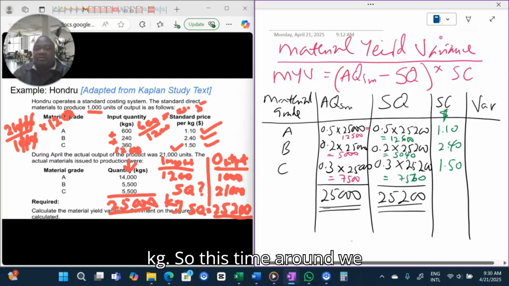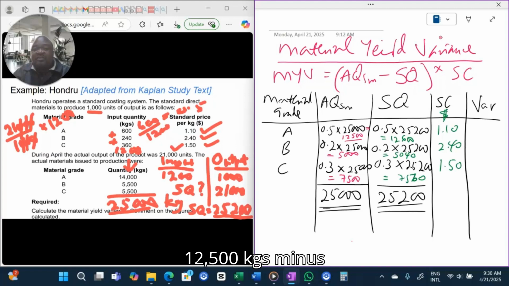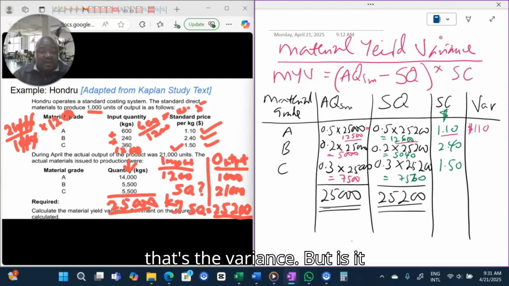We start with 12,500 kgs minus 12,600 kgs. The difference is 100 kgs. 100 kgs multiplied by the price per kg of $10 is a product of $110, and that's the variance.